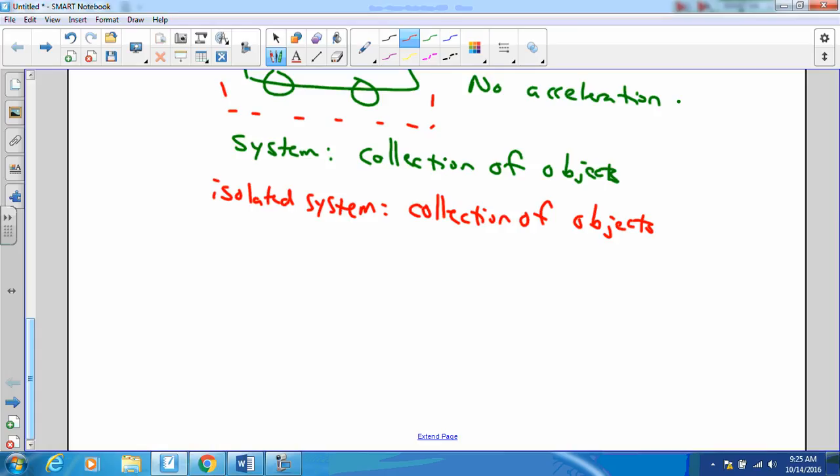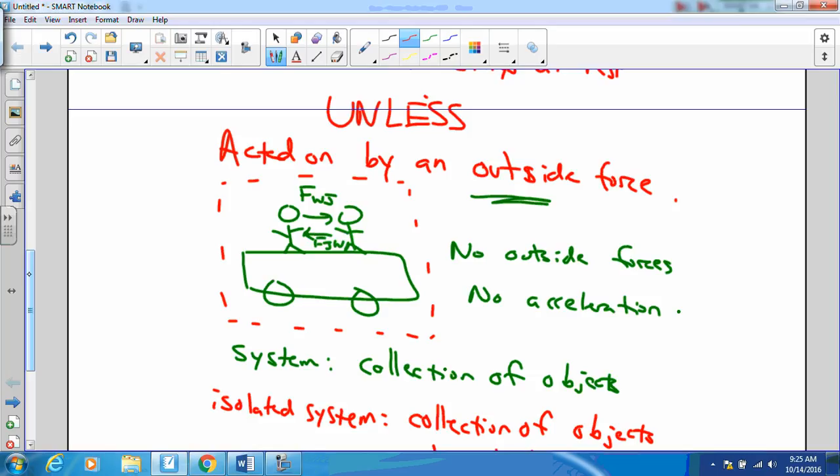Objects not acted on. And one of the things we're going to train our eyes to see is going to be the distinction between these outside forces and these inside forces, and the way that we would do it is through the process of drawing free body diagrams.